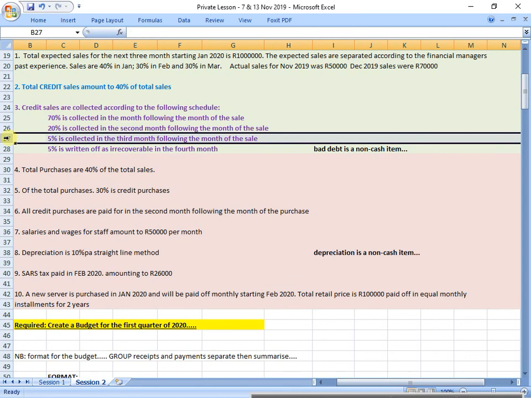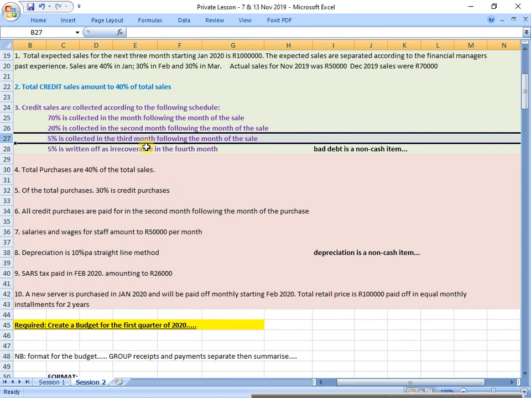Still looking at December. December is still the month of the sale, because I sold in December, but now I'm looking at the collection. Line number 3 says 5% is collected in the third month following the month of the sale. When is that? February is the second month. March is the third month. If I sold in December, month 1, January.